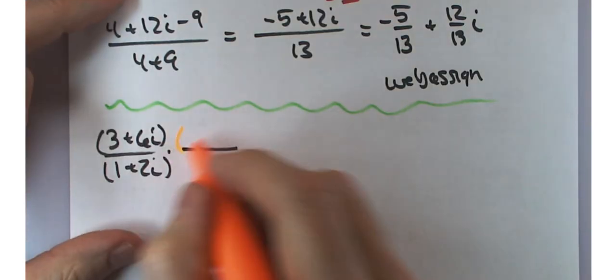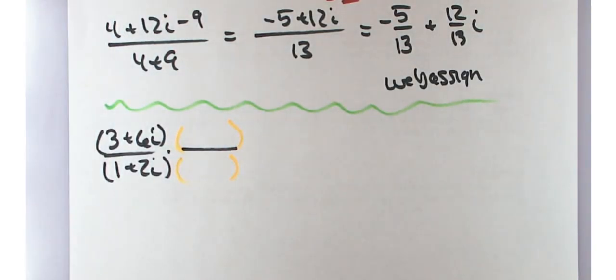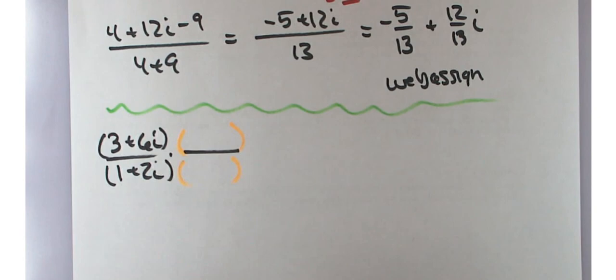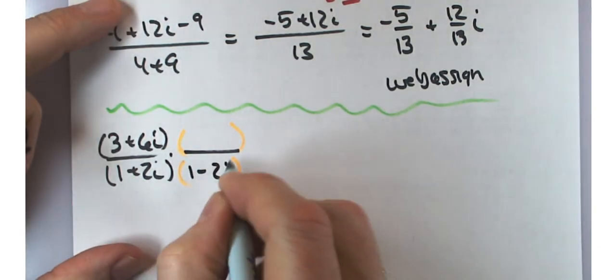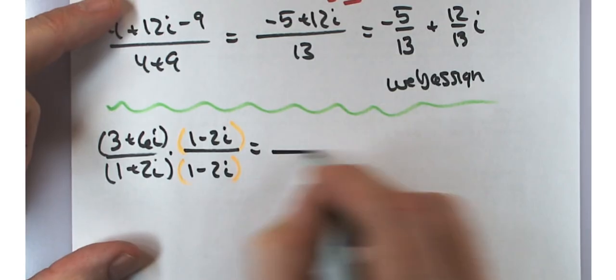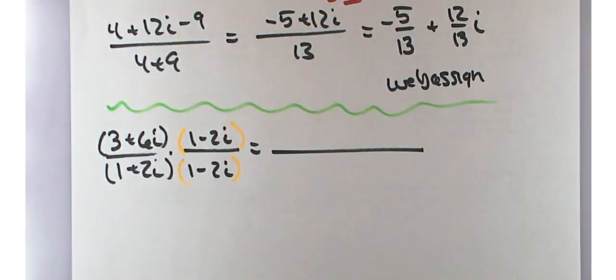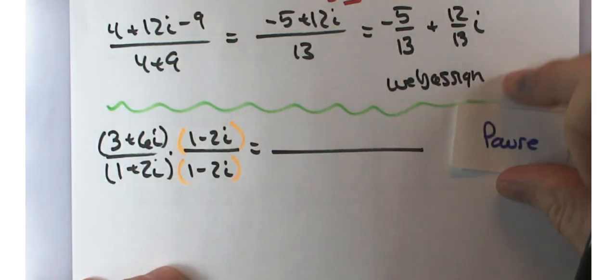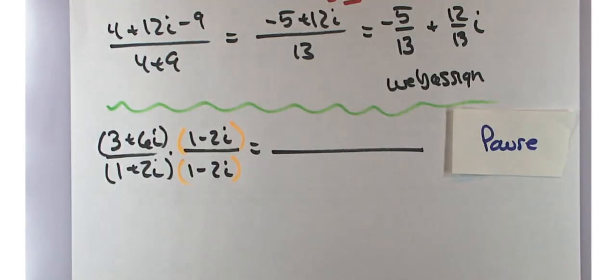Yeah, in both the numerator and denominator, you're going to multiply by this conjugate. So it's going to be 1 minus 2i over 1 minus 2i. And work it all out. You should be interestingly surprised on this one, and we'll go back and take a look at this again to try and understand what's happening.